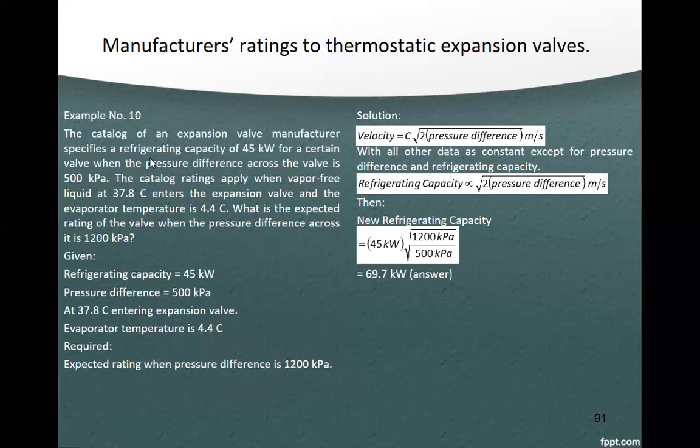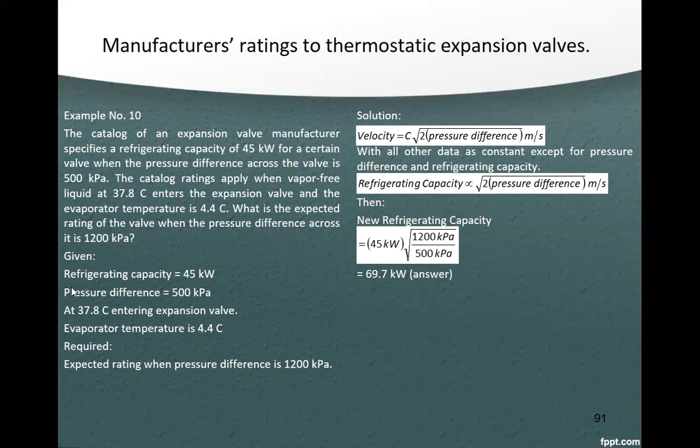Sample number 10. So the catalog of an expansion valve manufacturer specifies a refrigerating capacity of 45 kilowatt for a certain valve when the pressure difference across the valve is 500 kilopascal. So the catalog rating applies when vapor-free liquid at 37.8 C enters the expansion valve and the evaporator temperature is 4.4 C. What is the expected rating of the valve when the pressure difference across it is 1 2 kilopascal?